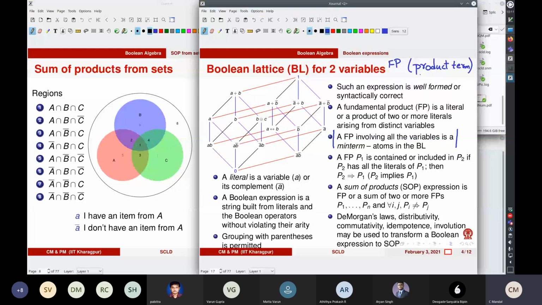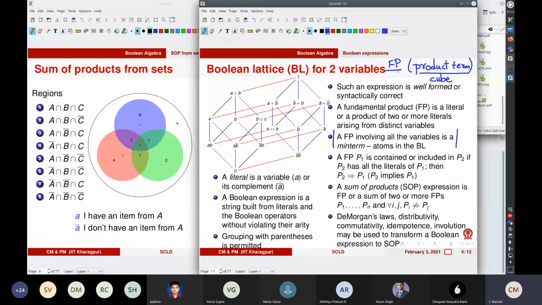The terms that are more commonly used are a product term or a cube. These two terms are commonly used. Hardly anyone uses the term fundamental product.